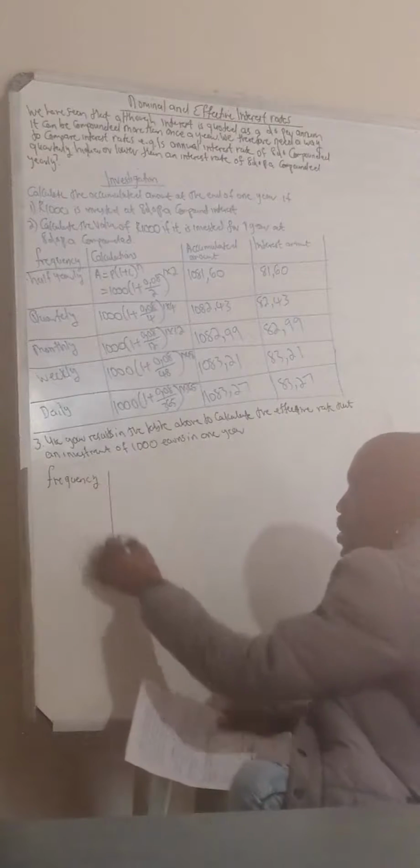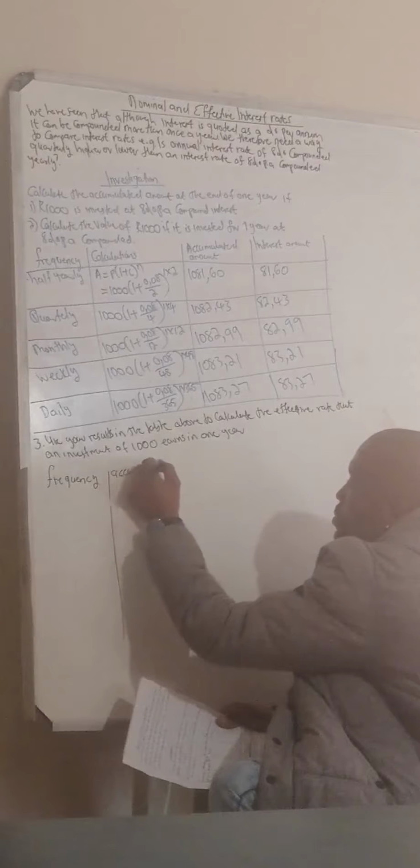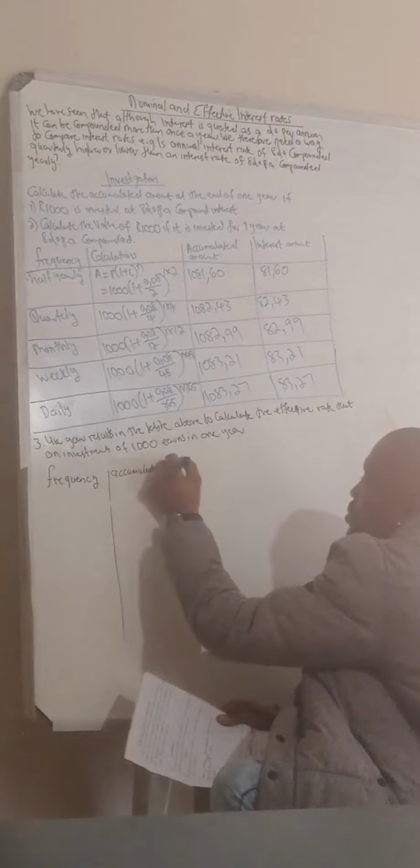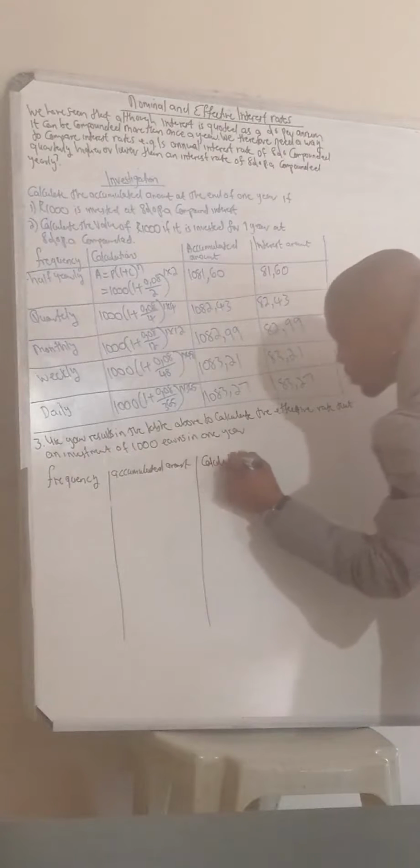In the table, we have frequency the same, the accumulated amount, the calculation, the effective interest rate. Right.